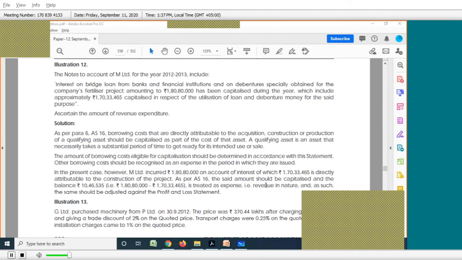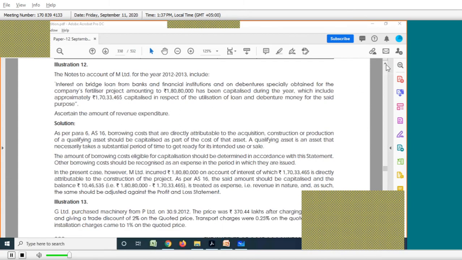So the question is, there is a loan. In the company's notes to accounts, they have mentioned this: interest on bridge loan from banks and financial institutions and on deposits specifically obtained for the company's fertilizer project amounting to 1 crore 80 lakhs 80,000 has been capitalized during the year, which includes approximately 1 crore 70 lakh 33,465 capitalized in respect of the utilization of loan and deposit money for the said purpose.